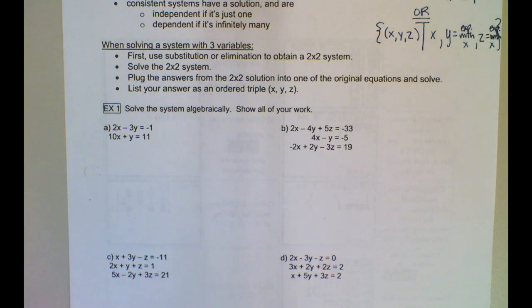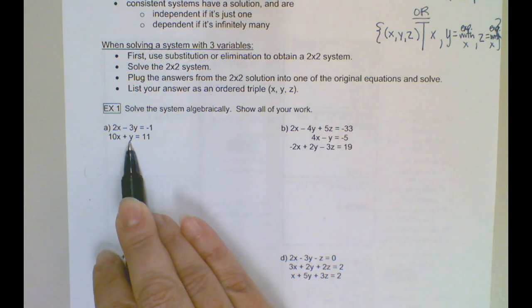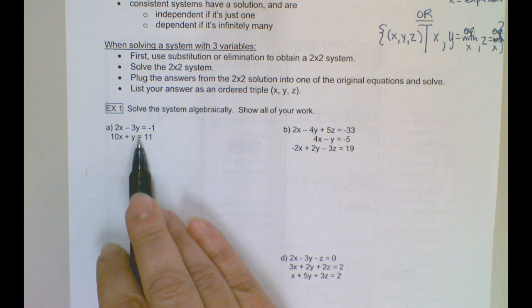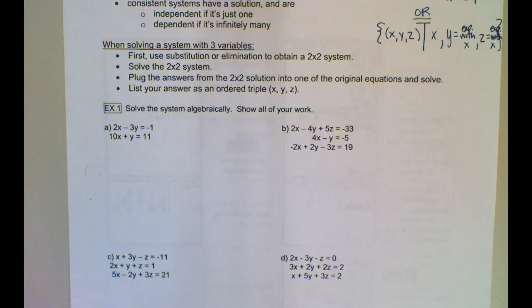However, it is much, much less work to solve for the y in this equation than to solve for any of the other things, because the other variables all have a coefficient that's not 1, which means I'm going to have to divide, which means that's going to create fractions, which means I then have to plug in fractions. Again, it's not wrong, it's just much more time consuming. So we try to make the best choices possible.